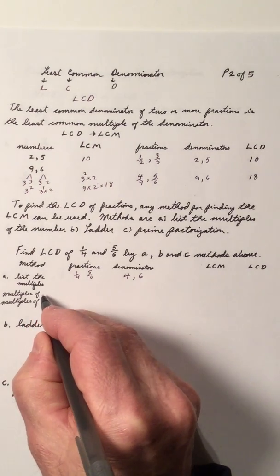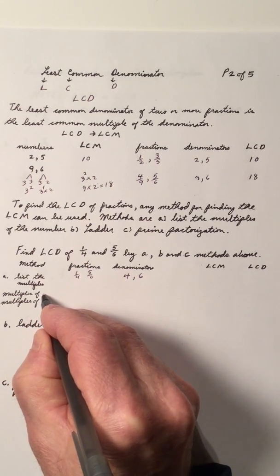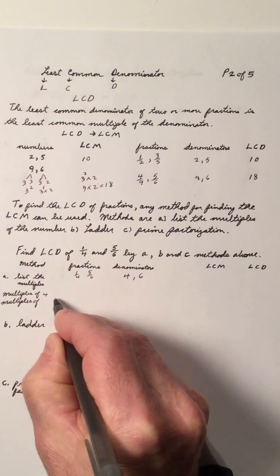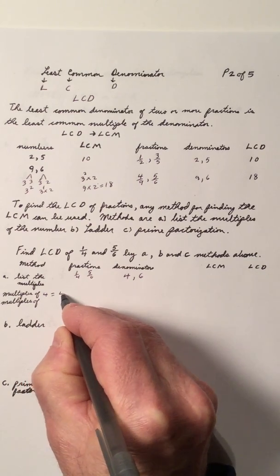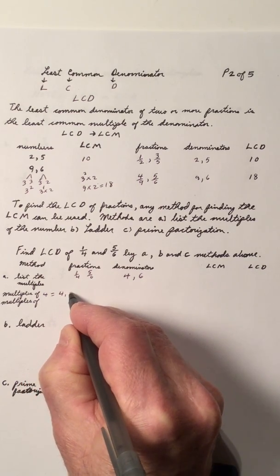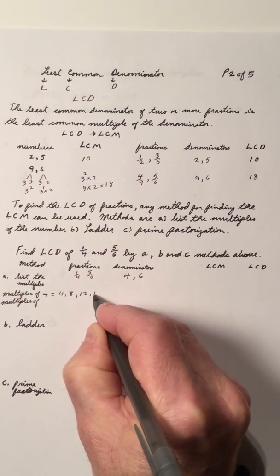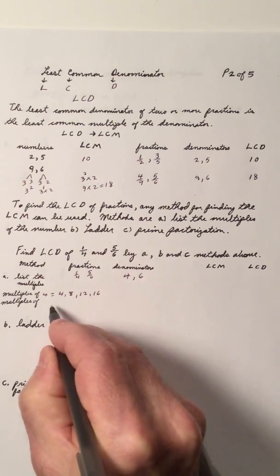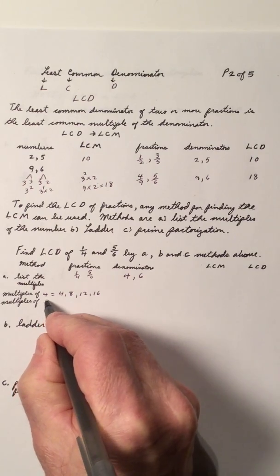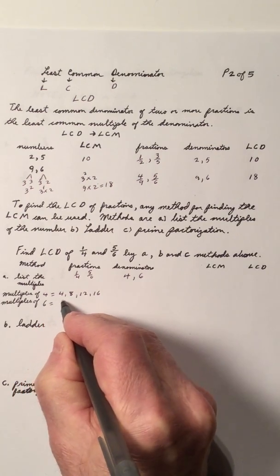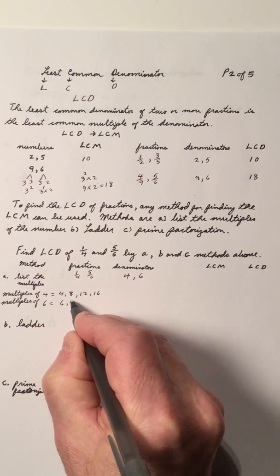List of multiples of 4, which is my denominator. 1 times 4 is 4. 2 times 4 is 8. 3 times 4 is 12. 4 times 4 is 16. List of multiples of 6: 1 times 6 is 6. 2 times 6 is 12.